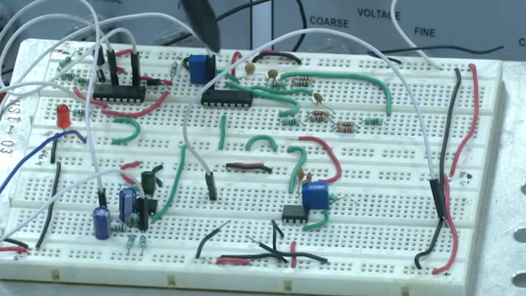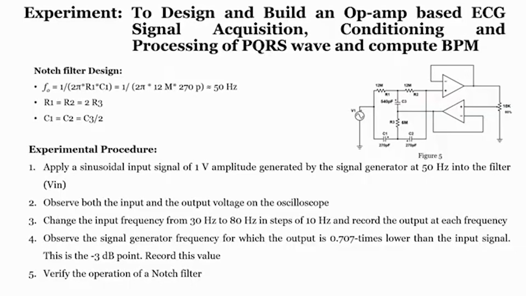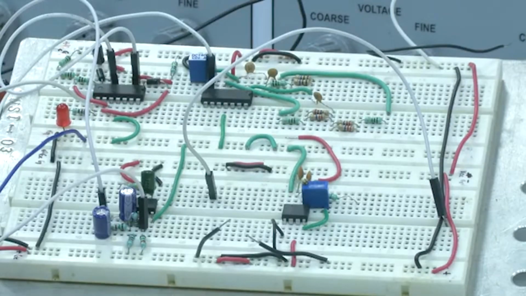The other part that we are using is notch filtering, and that too 50 Hz notch filtering. If you recall our resistance values, somewhere around 12 mega and 6 mega resistor, 270 picofarad and 540 picofarad, right.